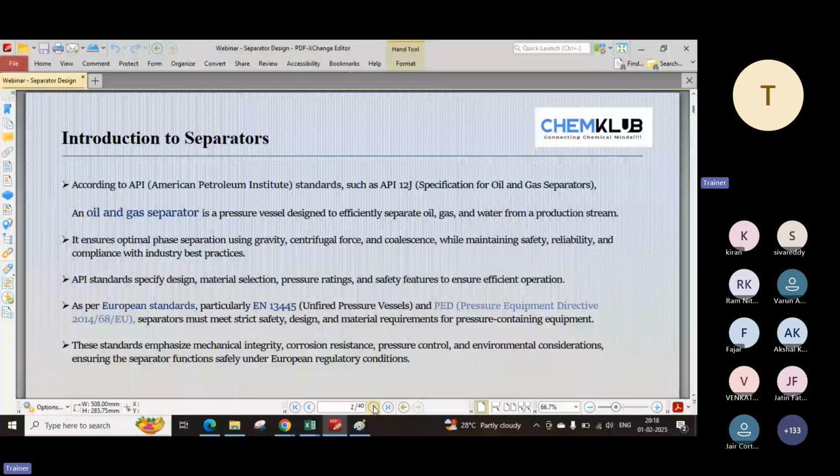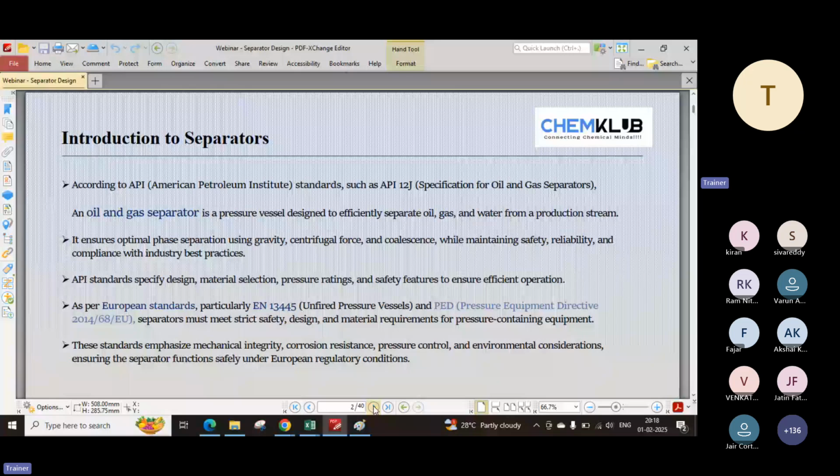Now, when we talk about separators, they are the main crucial part, and we design separators by using API 12J. API 12J gives you an idea about how to design separators and what things we require for any separator. This is the basic guideline outlined by the American Petroleum Institute.